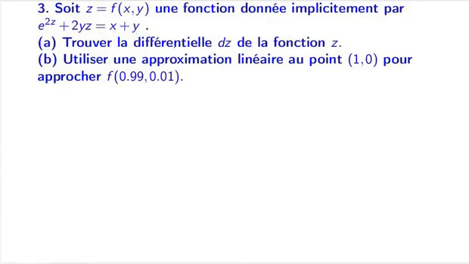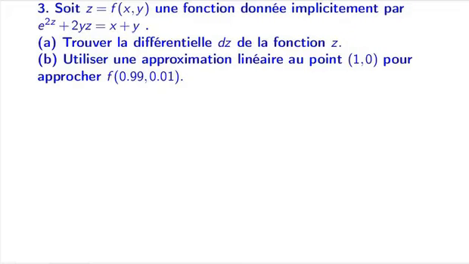First question, find the differential of the function z. And secondly, use a linear approximation at the point (1, 0), to approximate the image of (0.99, 0.1) by f, using, therefore, Taylor's formula.